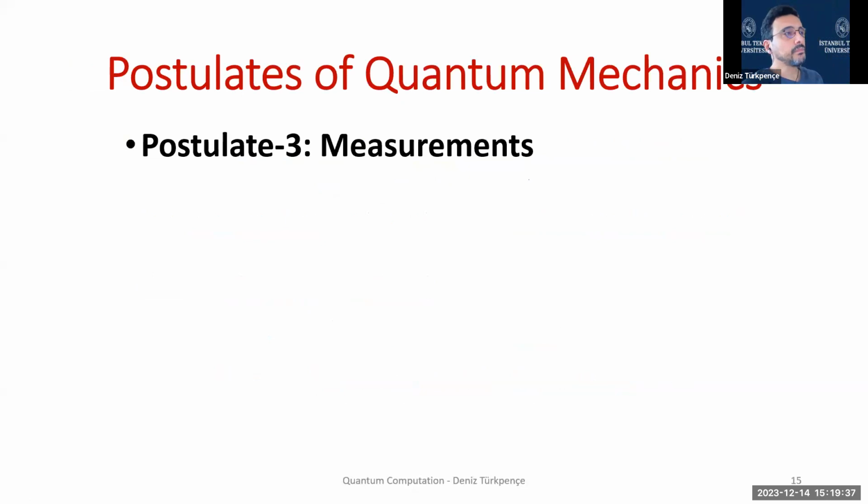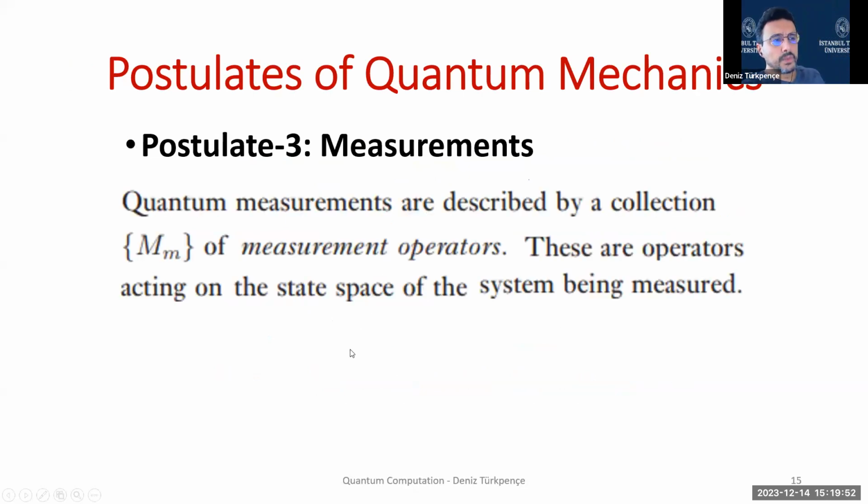And the next postulate is about the measurement. The measurement is not a straightforward thing in quantum mechanics. Quantum measurements are described by a collection of measurement operators, and these operators act on the state space of the system being measured.